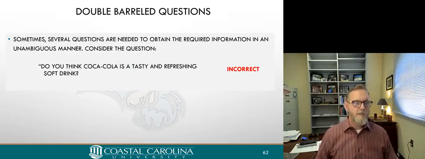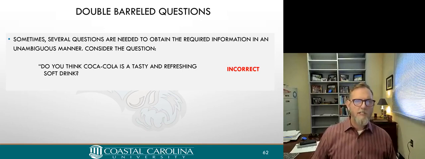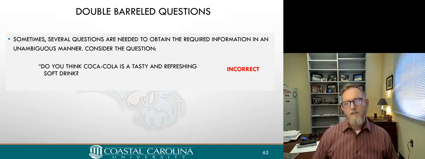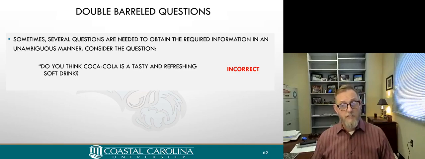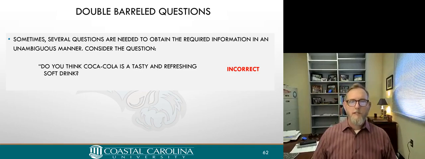So let's just talk a little deeper about some of these and give some examples. Like a double-barreled question, again, is if we have two things we're asking in the same statement or question. Do you think Coca-Cola is a tasty and refreshing soft drink? So we're asking both, do we think it's tasty, but then we're also asking if it's refreshing or not.